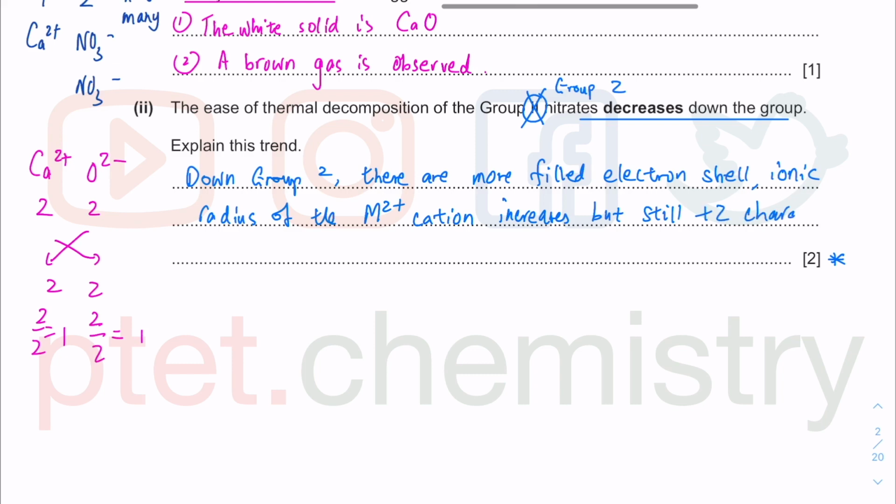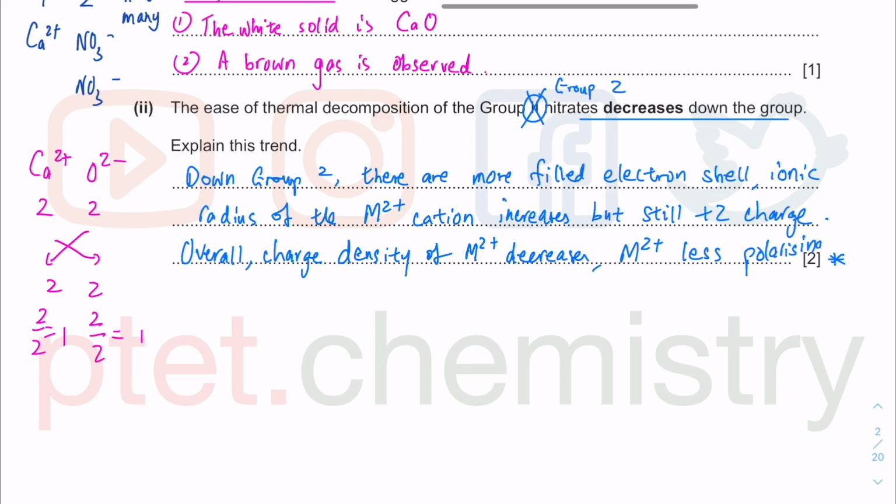Overall charge density would decrease going down group 2 because your charge is the same, charge over size, but your size is getting bigger. Charge is the same divided by size getting bigger, so your charge density of M2+ decreases, and therefore we can say the M2+ become less polarizing.